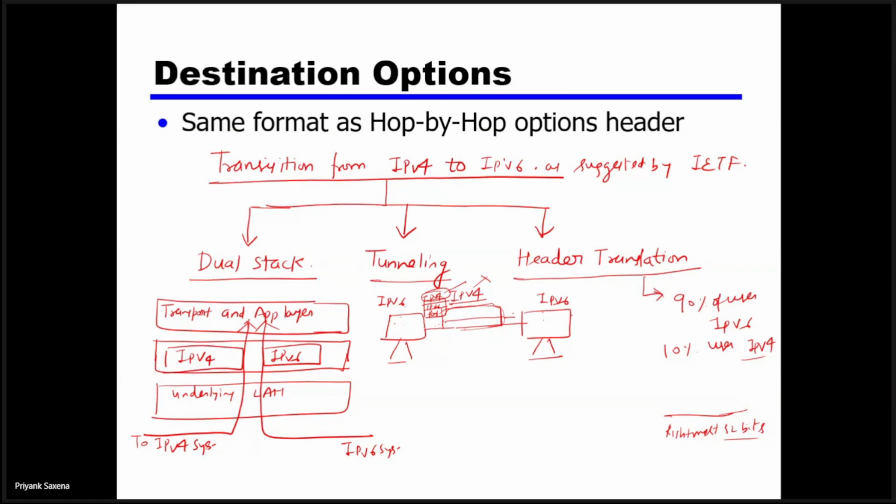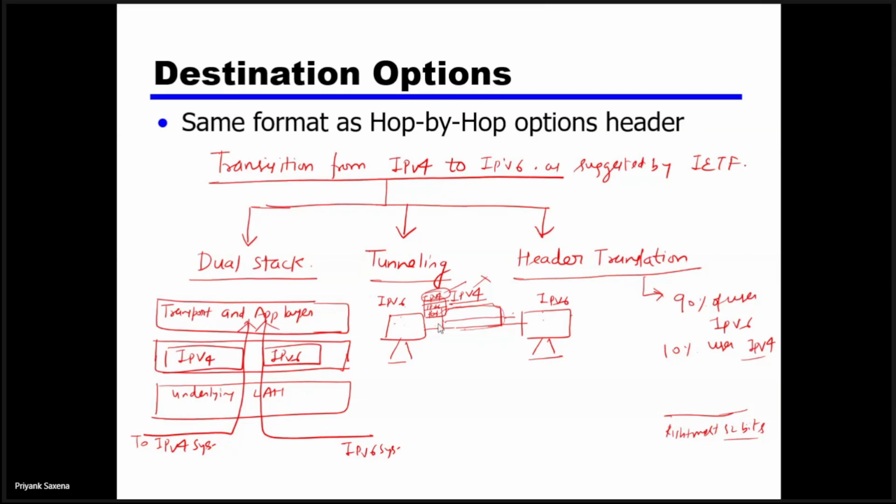Like two IPv6 users are here, and this portion of the network through which the packets have to traverse has IPv4 users.